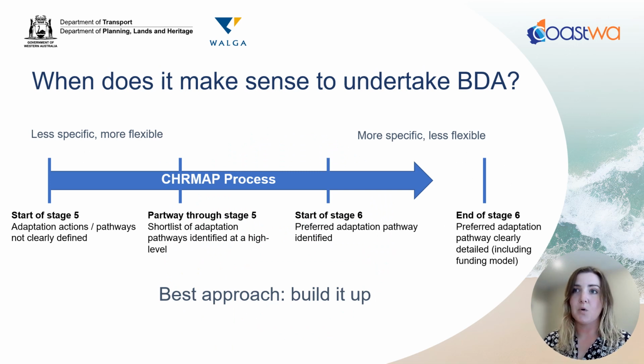So just thinking a bit more about why you might want to do a BDA at different stages. At the end of stage 6, aligned with the CHAR map guidelines, you should have a preferred adaptation pathway clearly detailed. Doing the benefit distribution analysis at this stage allows you to then develop that financing and funding model based on the analysis for the really specific adaptation options.